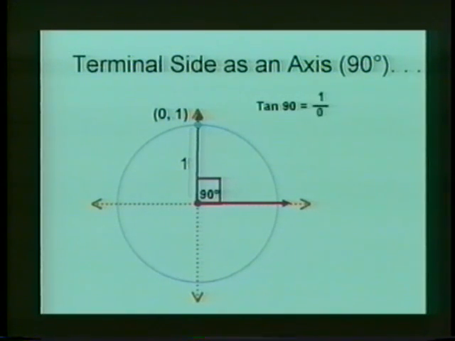The tangent of 90 is going to be the opposite over the adjacent. The opposite is 1, that is a very tall, thin triangle. The adjacent is none. What is 1 divided by 0? Some people will tell you it's undefined. When we talk about this graphically, 1 divided by 0, we're going to call it infinity.